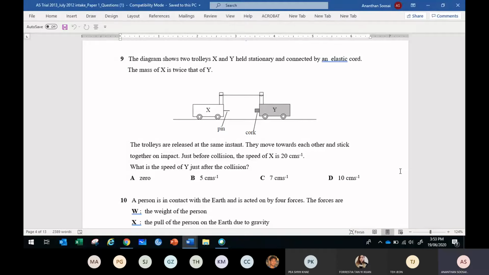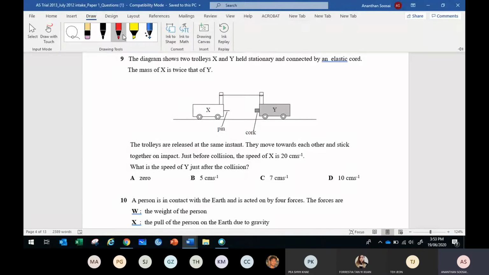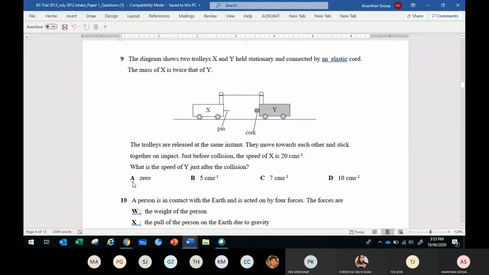So an elastic cord is pulling both of them to the center. One of your friends is saying A. Is it A?